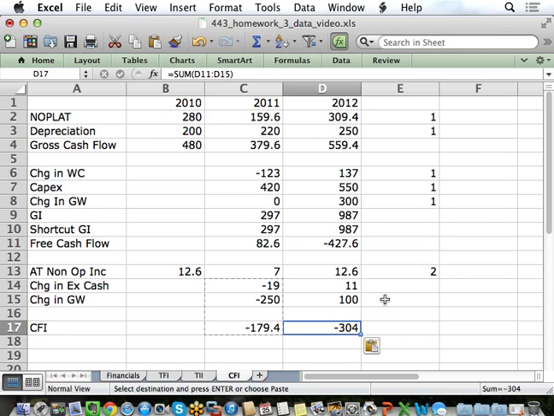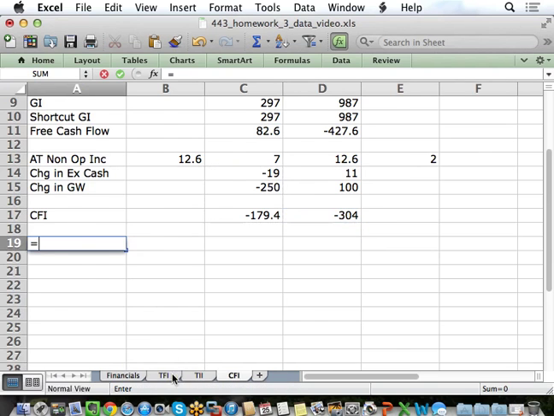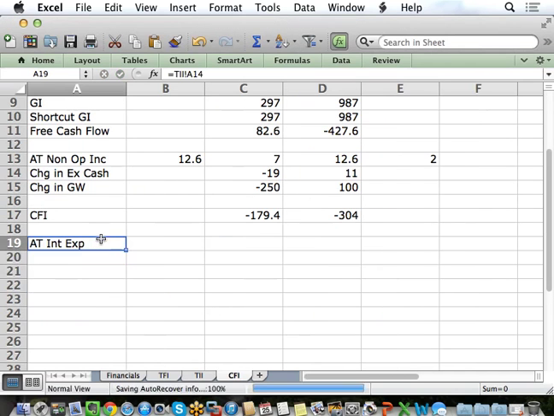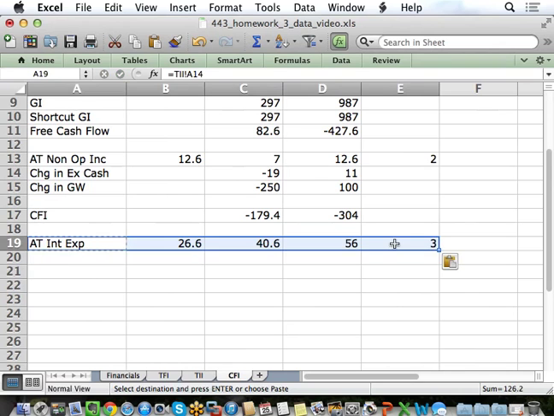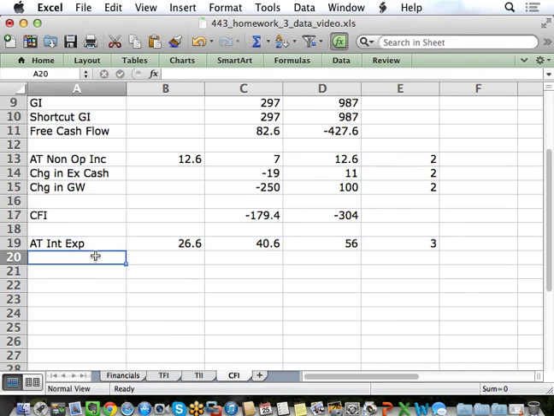But I still have to go through the same process: cash from the income statement, cash in the balance sheet. Starting out with the income statement for my CFI, anything labeled as a 3, go back to my statement of TII. That was my after-tax interest expense. Good news is that's already a payout. Next, balance sheet, TFI 3s.